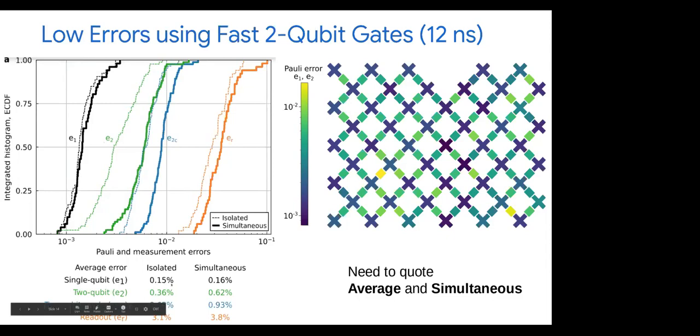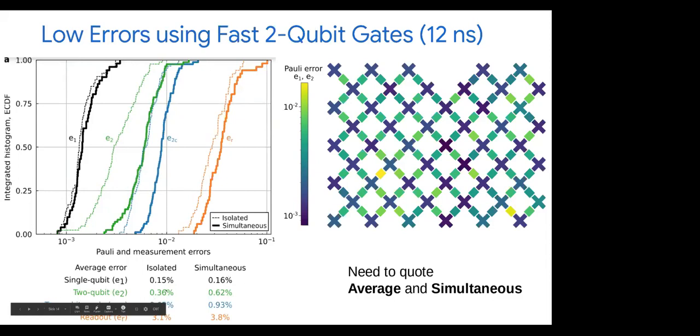When we run isolated, meaning we only perform single qubit gates on one qubit and all the other qubits are in the ground state, the Pauli error rate is 0.16%. When we run simultaneous single qubit gates, which means we do single qubit gates on all the qubits at the same time, it's still 0.16%. So there is very little crosstalk in single qubit gates.